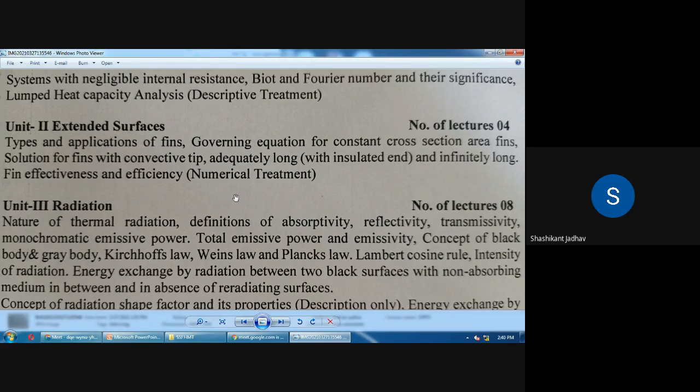By increasing what factors can we improve the rate of heat transfer?